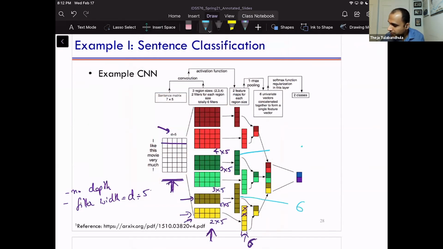And similarly, if I apply a 3 height filter, I'll get a 5-dimensional vector. And if I apply a 4 height filter here, I'll get a 4-dimensional vector. Okay, so those are the filter maps. What we are seeing here are the filter output maps. Of course they are of different sizes because these filters happen to have different heights. They're not the same height filters.